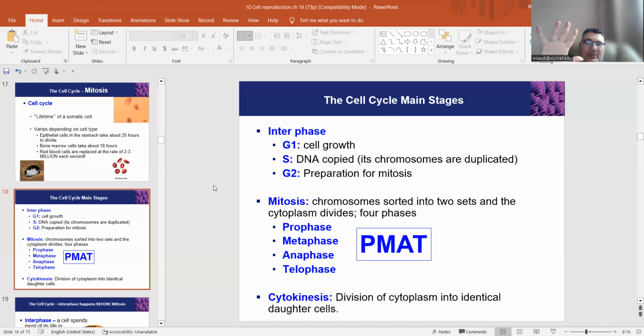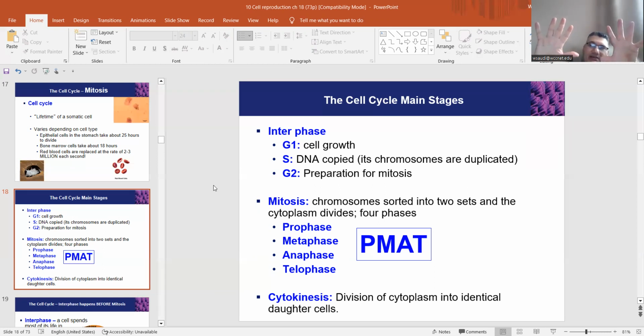You have 23 pairs of chromosomes. You're going to duplicate. Instead of one set of 23 pairs, which is 46, you will have 2 sets, each one 23 pairs. Remember, this is not reduction. It's diploid. This one cell is 23 pairs of chromosomes.